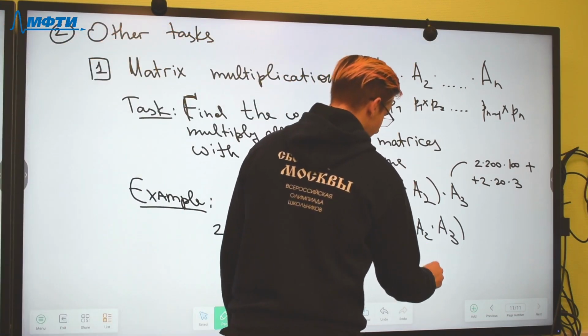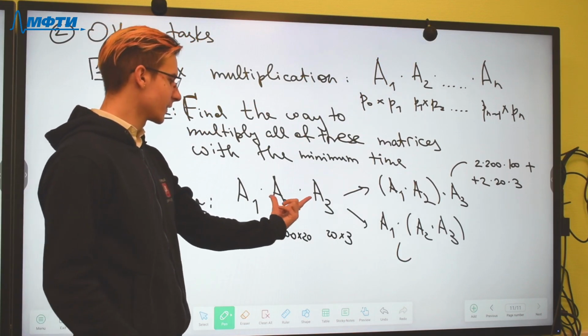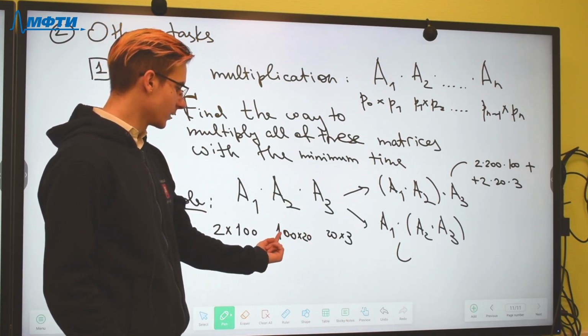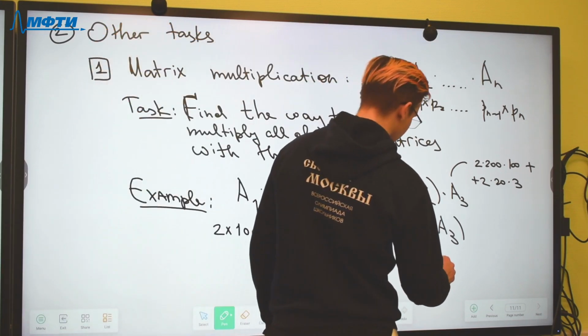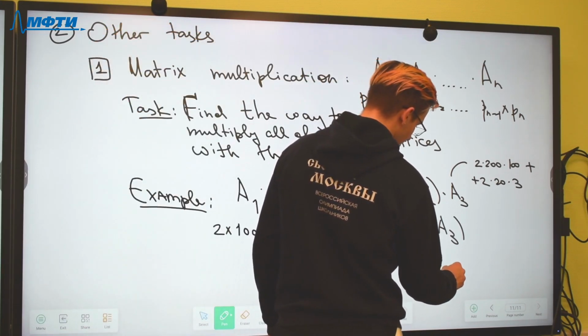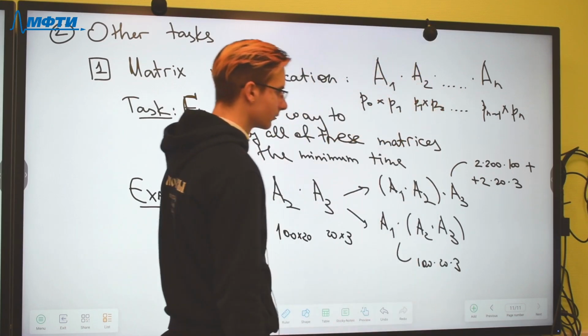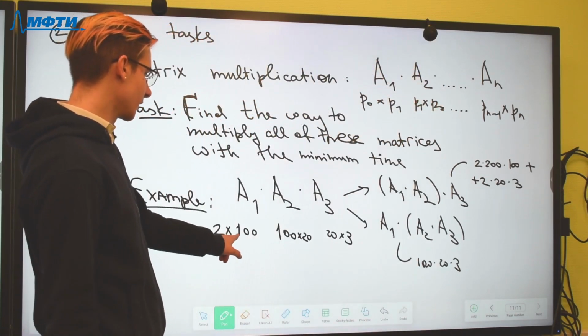In this way, firstly, we multiply these 2 matrices and spend 100 multiplied by 20 multiplied by 3. And then we multiply these 2.